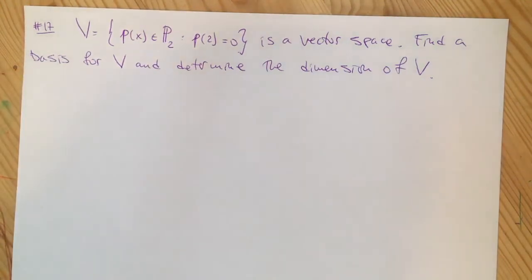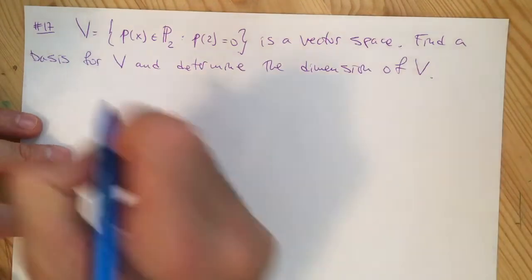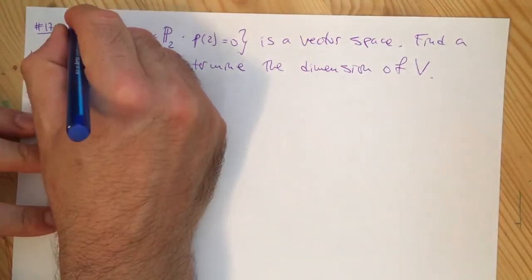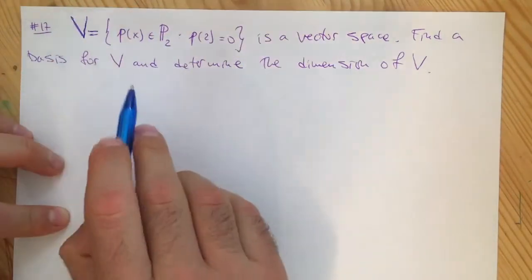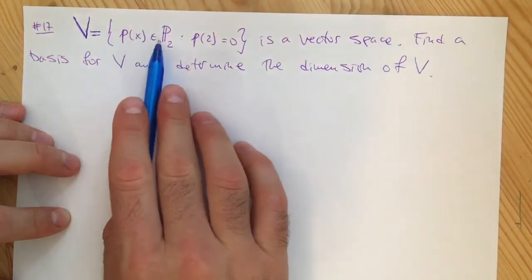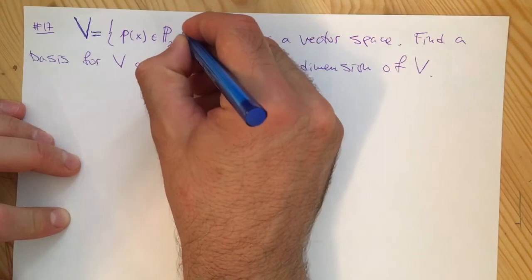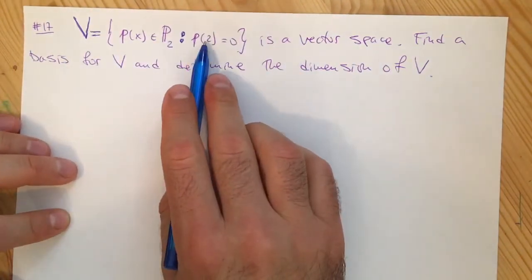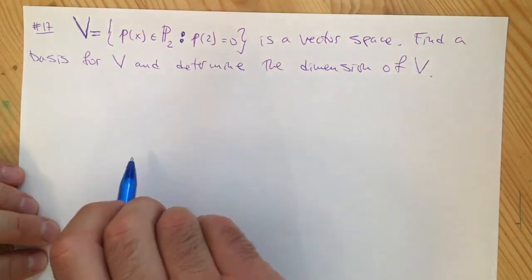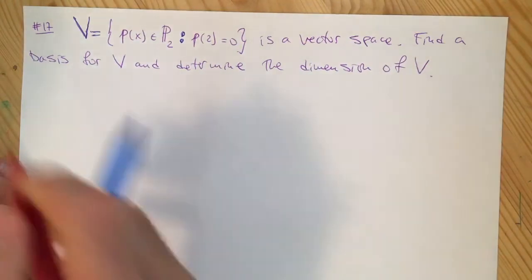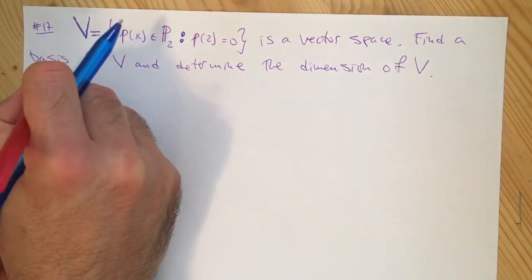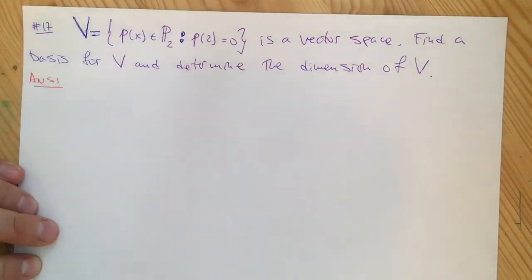Okay, another question involving a vector space. We're given a vector space V consisting of all the quadratic polynomials such that the polynomial evaluated at 2 is equal to 0. So again, you start with the most general quadratic polynomial, right?